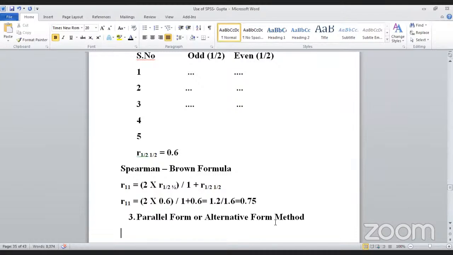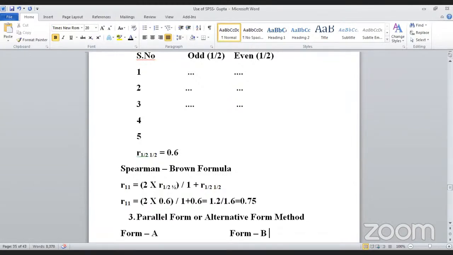Now, when you are doing your item analysis, you have to select the 60 items. And these 60 items must be parallel in terms of the aspect, in terms of the type of the items, in terms of the weightages, etc., etc. So now you can have the form A and form B.